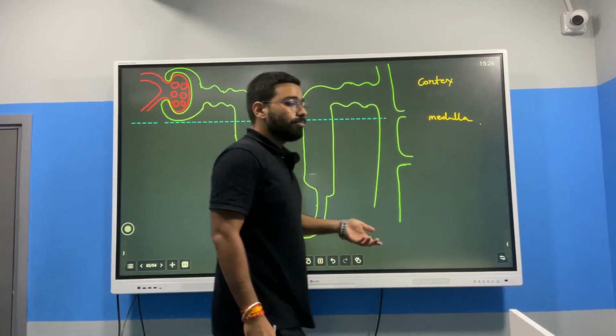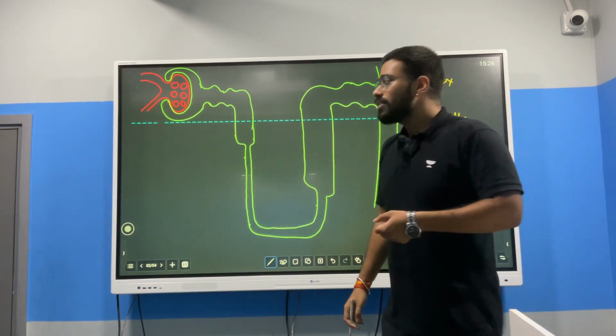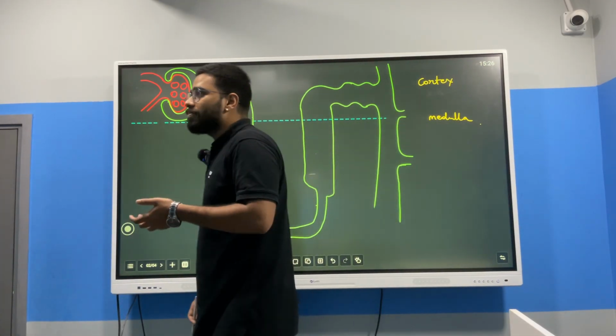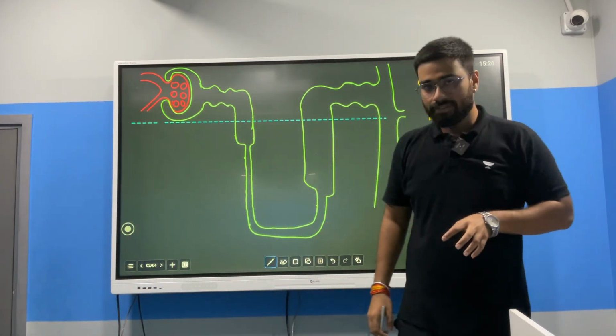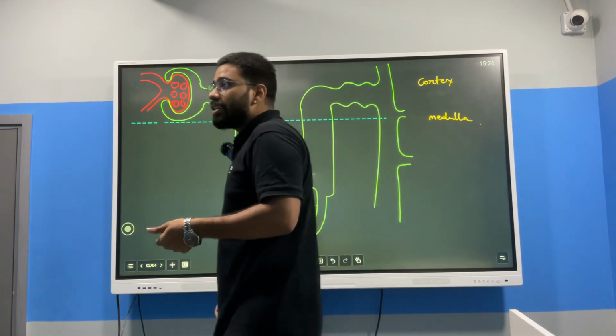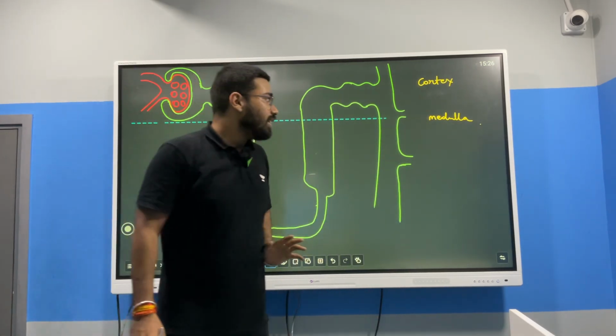Now there is a term known as osmolarity. You must have studied that. Osmolarity means the concentration that is present in our body, and that is measured in milliosmol per liter.